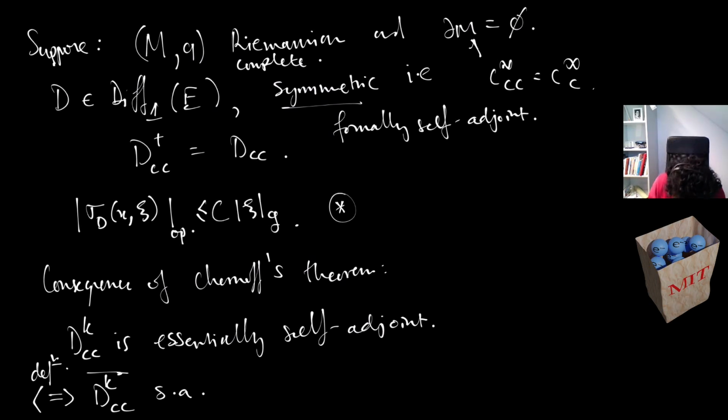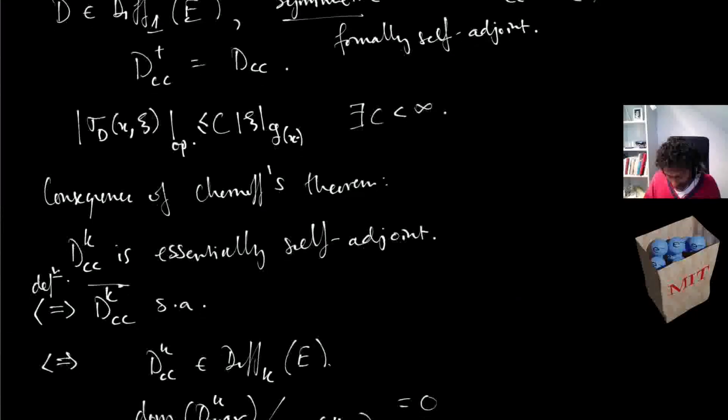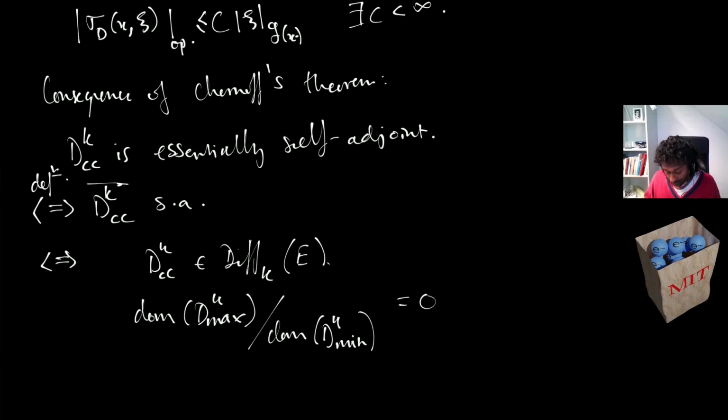Okay, I should say there exists a constant, and this is g at x, sorry. So this is really saying that the completeness of the metric really gives you a sense of completeness of the operator.